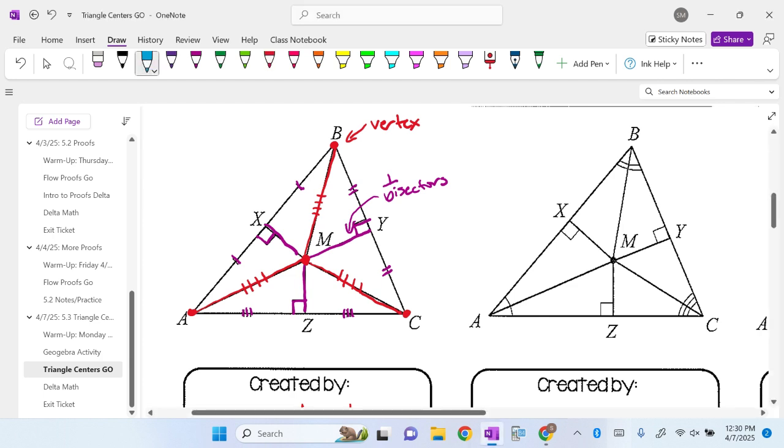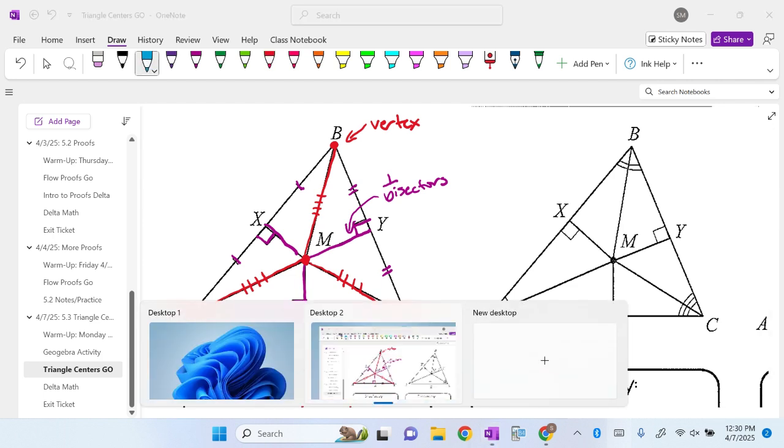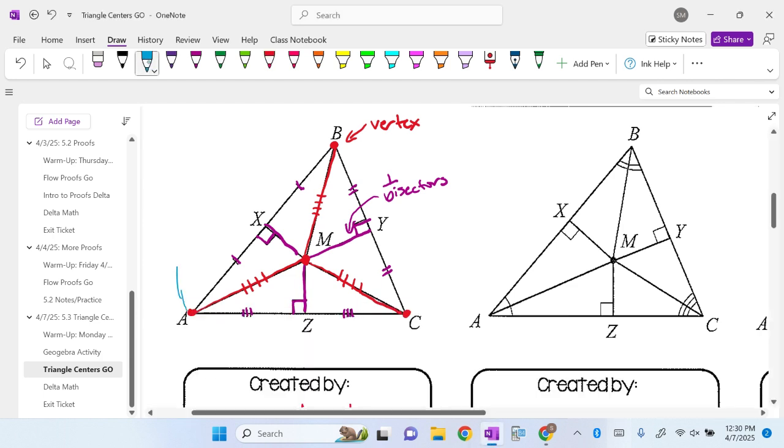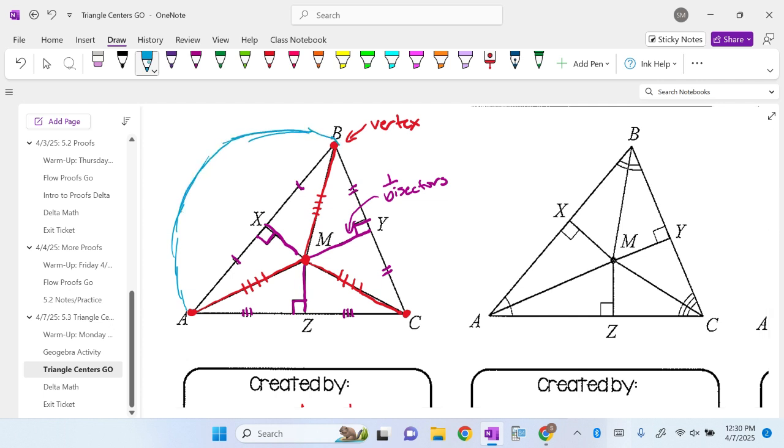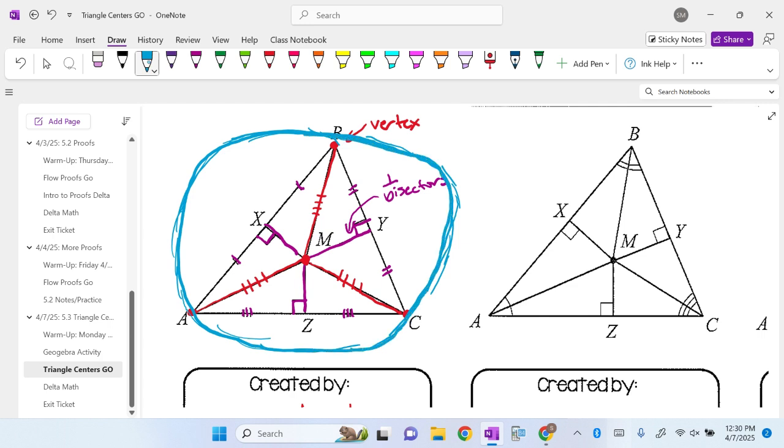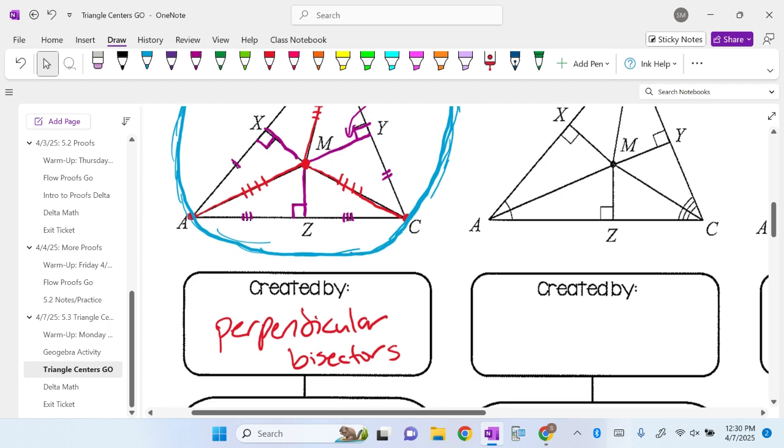Now, we also discovered through our discovery activity that the circumcenter is also the center of which circle? Was it the circumcircle or the inscribed circle? What's this circle called that I'm drawing? Even though it's a terrible circle. The circumcircle.